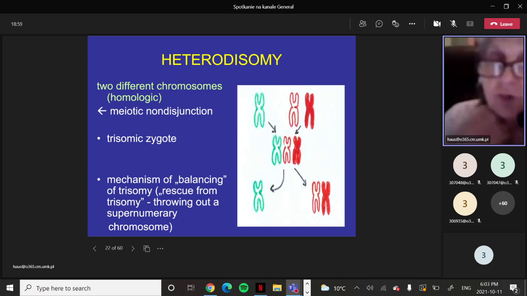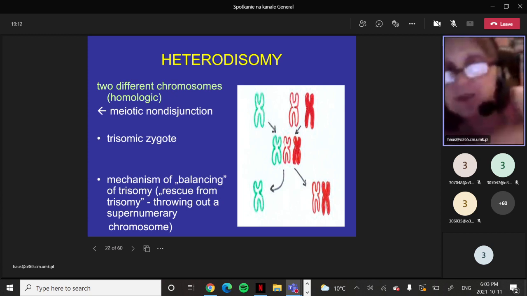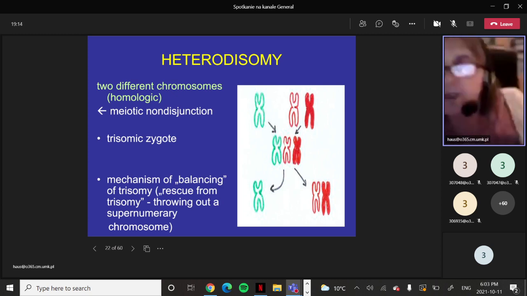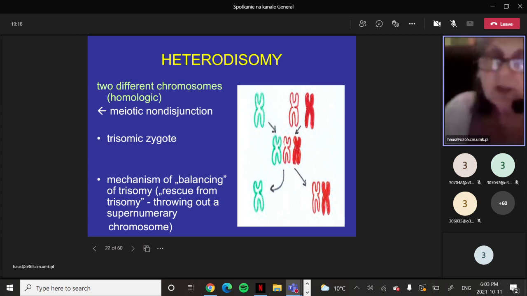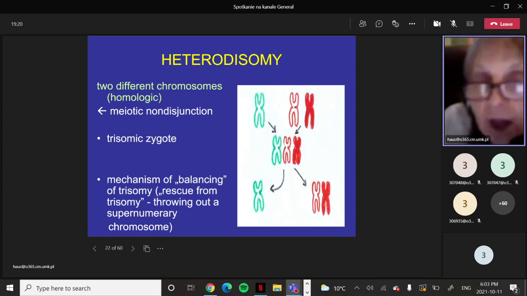They will be carriers of the recessive gene, only carriers, not ill. And here, because of this heterodisomy, you can see that a child will be ill like his or her father or mother, like his or her red parent.